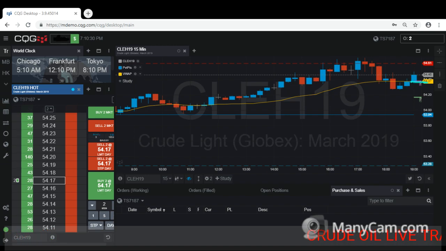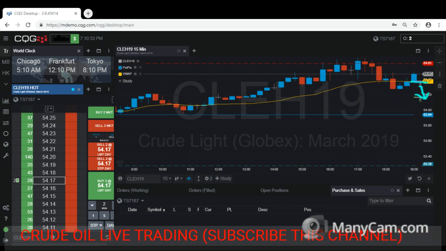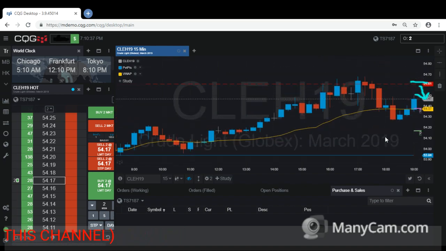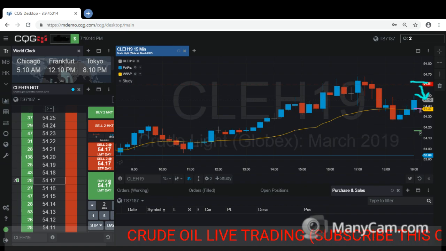This is where I'm expecting to reverse the market. It will be a short profit taking activity during this almost mid London session.